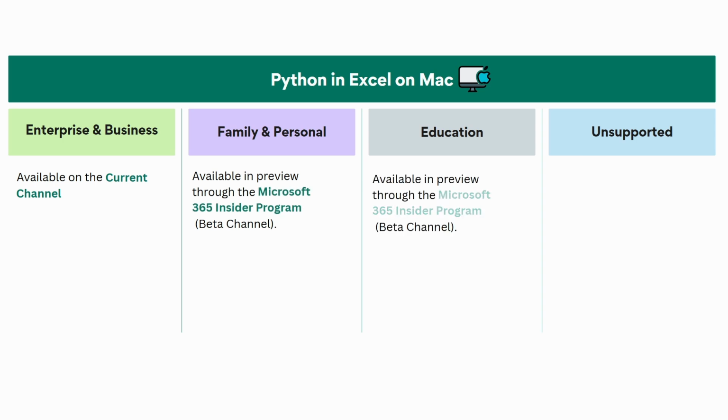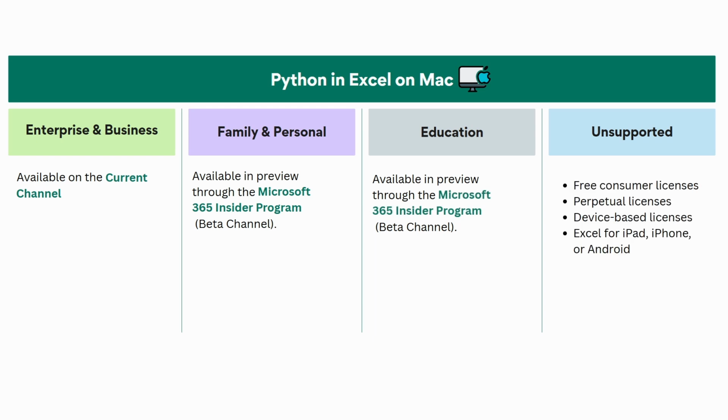In the same way, in education also, you have to join the Microsoft 365 Insider program. This is the same with Windows: in the case of education, you have to join the Microsoft 365 Insider program. Then for free consumer, perpetual, and device-based licenses, Python is not supported in Excel. And for Excel for iPad, iPhone, or Android, Python is not supported.